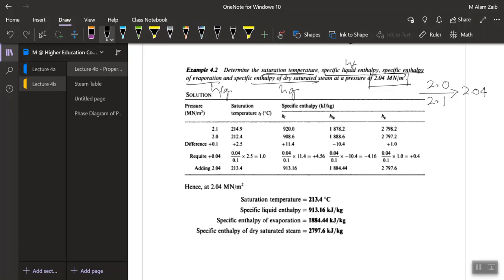So at a value of 2.1 and a value of 2.0, we would have values of temperature. Let's say at 2.1, we have a temperature of 214.9, and at 2.0, we have a temperature of 212.4. Let me write it down somewhere here. 2.0 is 212.4.